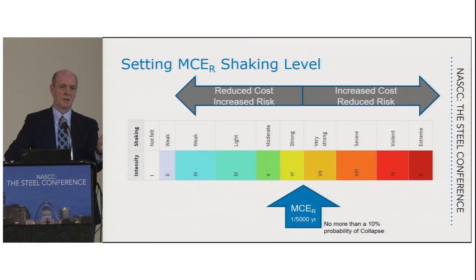So one is including the probability that that event happens to cause that level of shaking. The other is if that shaking happens, then there should be no more than a 10% probability of collapse.